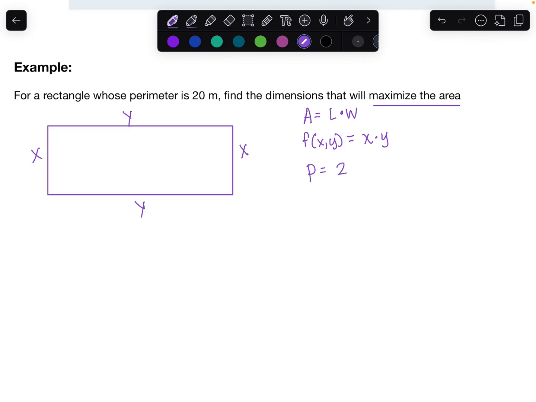So it's going to be 2x plus 2y, which the problem tells us is 20 meters. So this is the constraint. The perimeter has to be 20 meters. So this is our g of x, and it must be equal to 0.